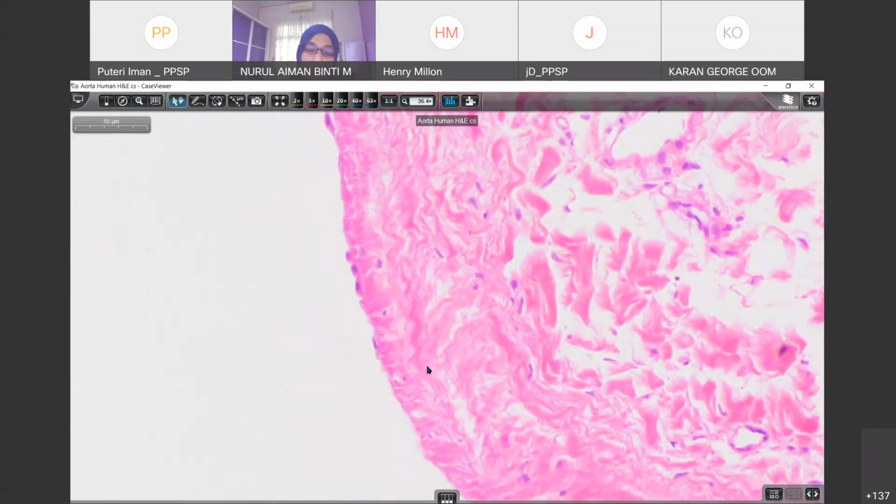The pink color is eosinophilic stain. This nucleus is more basophilic, more purplish. That is the nucleus of the simple squamous. Here another one, and here another one, but it's not clear because of overlapping of the tissue preparation.